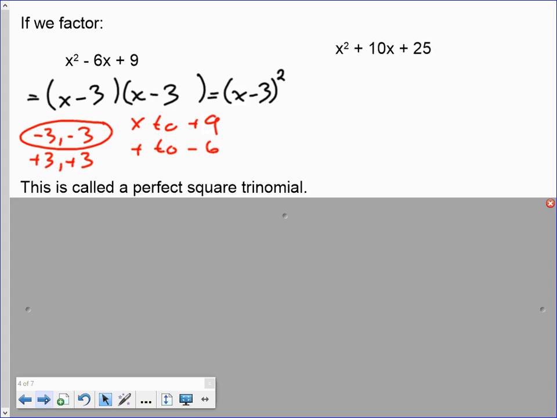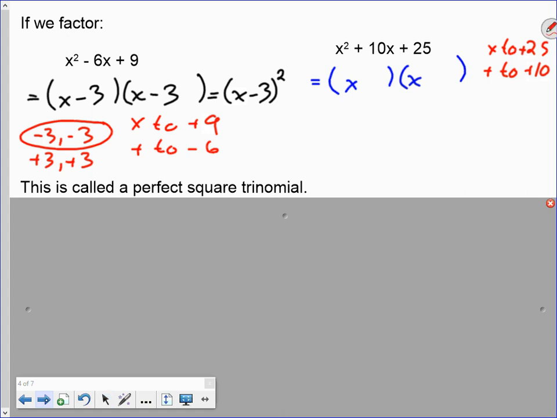And we can have other ones that look like this. So let's factor this one here. We're going to factor this, x and x. We need two numbers that are going to multiply to 25 and add to positive 10. So it's positive 25. What are those two numbers going to be?